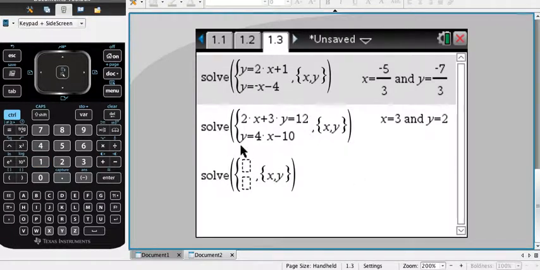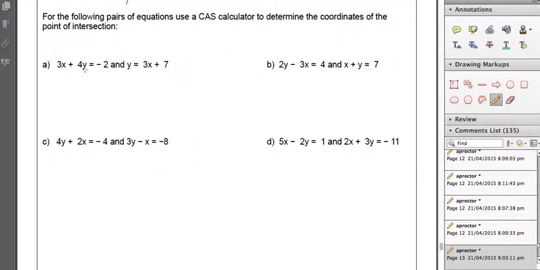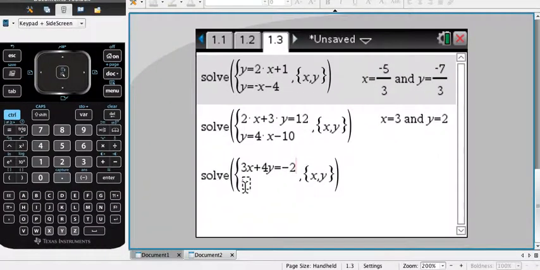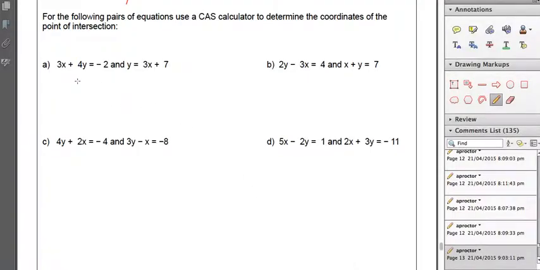Press OK. 3x plus 4y equals negative 2, and y equals 3x plus 7. Press enter and we can see that the coordinate is -2, 1.